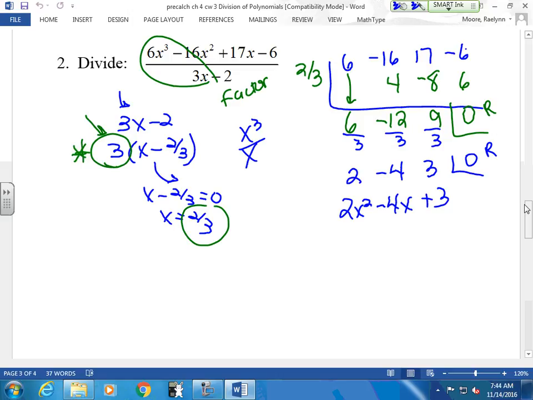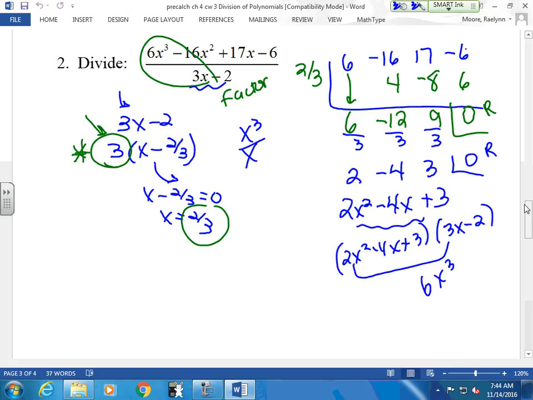Okay? Now, if I multiplied this thing times this, I would get the result. You can do this, but a quick way is to do your first terms and your last terms. This is my 6x cubed. This is my -6.